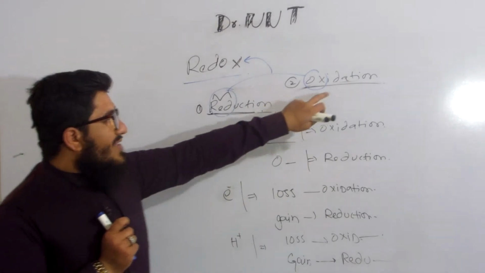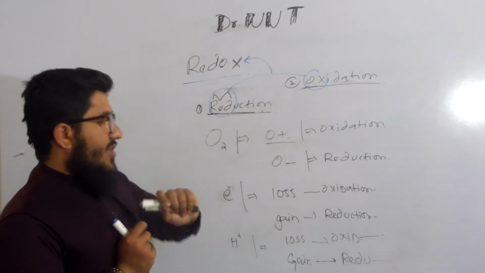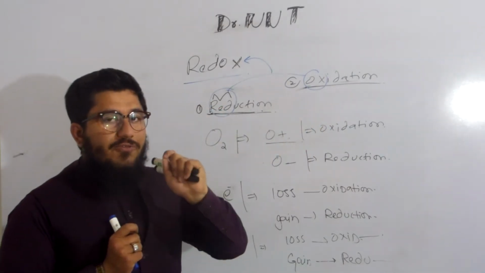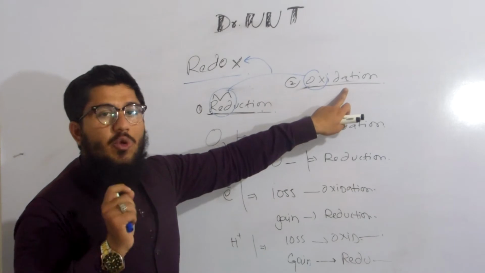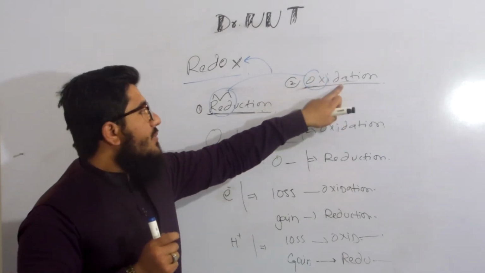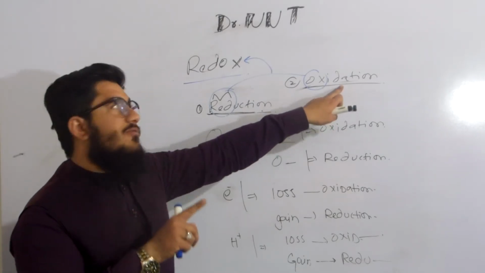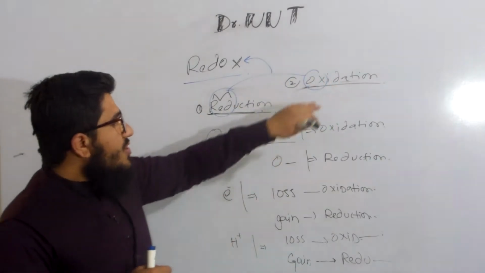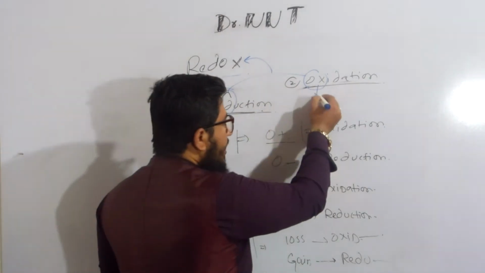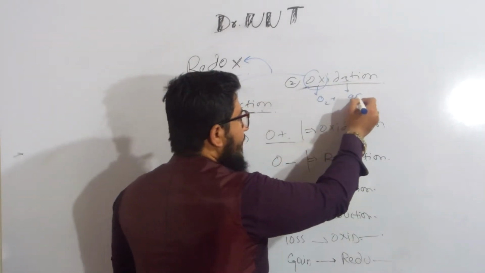First, what is oxidation and what is reduction? If you know the meaning of the term oxidation, you will be able to define it, and you will be able to differentiate it from reduction. So what is oxidation? Oxidation is actually oxygen plus dation, which you can take as addition.